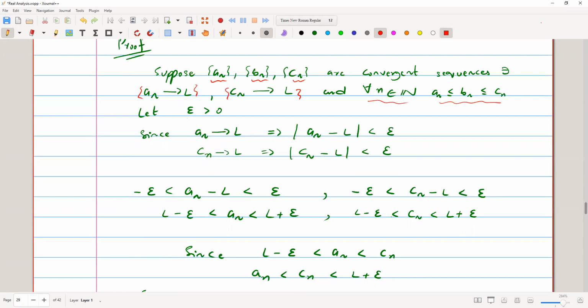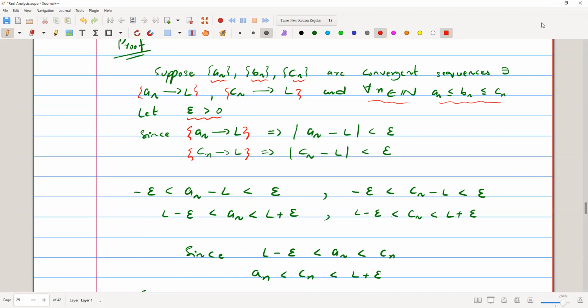And now assume that epsilon is greater than 0. So by definition, we are going to prove this now. By definition, we know that if An converges to L, then the mod of An minus L is less than epsilon. So this is the definition of the limit, sorry, the convergence of a sequence. And again, Cn converges to L implies that the mod of Cn minus L is also less than epsilon.